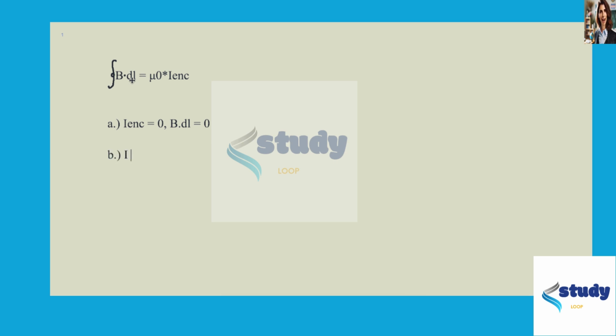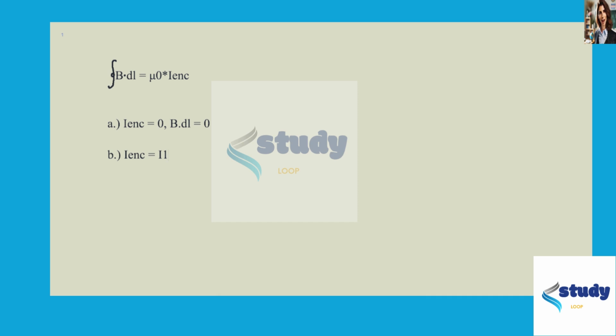For part B, let's take a look at the currents enclosed. For loop B, we see that it's enclosed by current I1, but I1 here is pointing into the page. So we need to know which sign the current should be. We're told the line integral goes around the path in the counterclockwise direction.